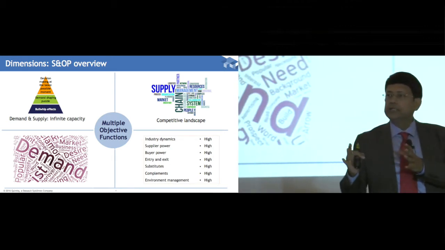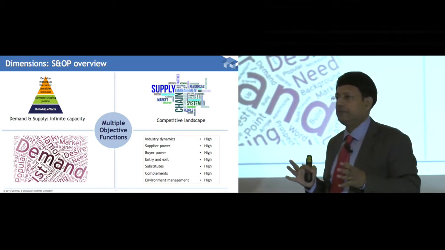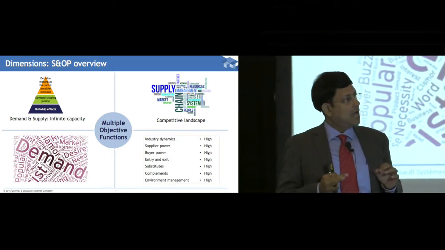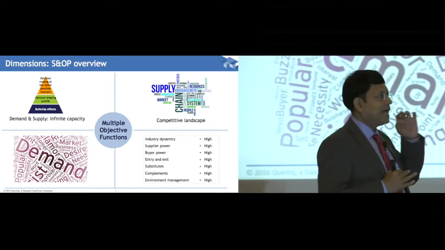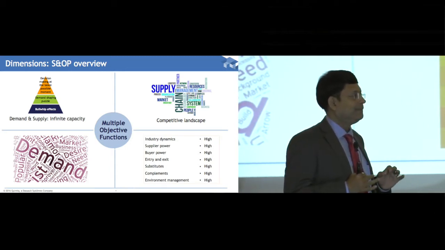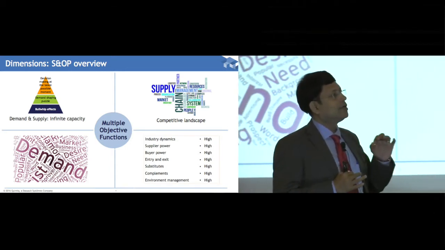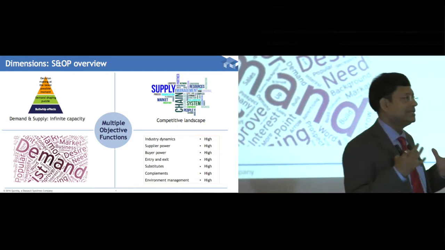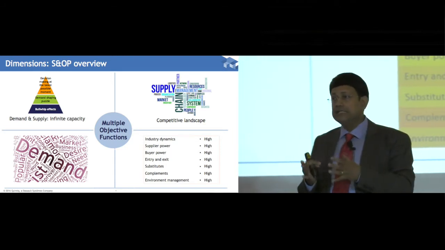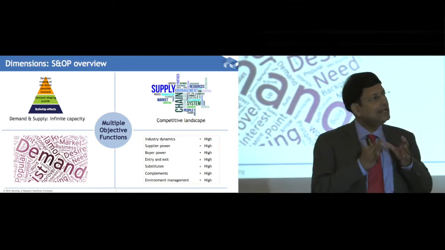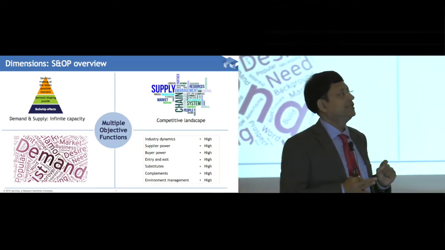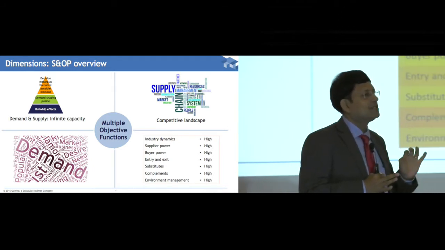On the other side, on the supply side, you have various constraints. Think about the shop floor which will produce that product. How do you ensure that that particular production is going to happen just when it is required? It is not going to be early, and it is not going to be late. So this is the basic problem of any supply and demand planning: you have got to produce things which are needed, and you have got to produce them exactly at the time when they are needed. To be able to do that, the decision that you need to take has got to be at the latest possible moment.